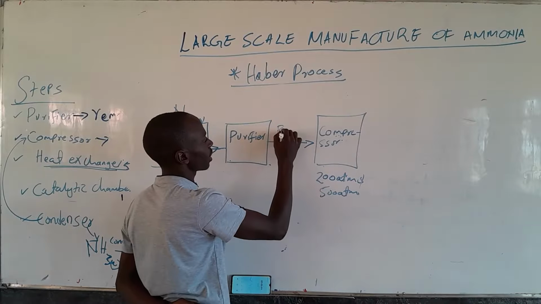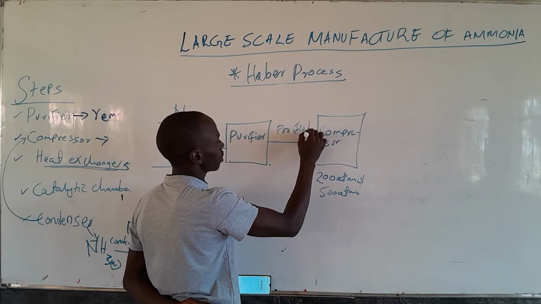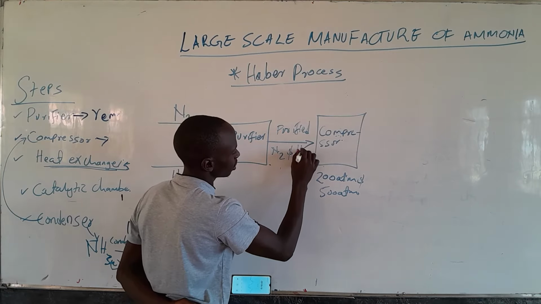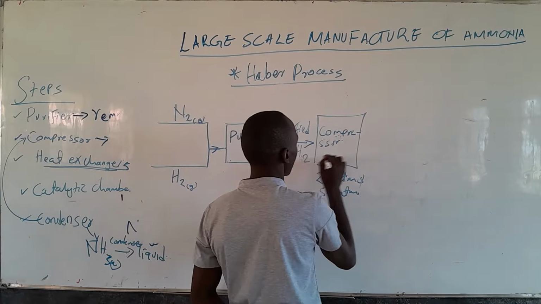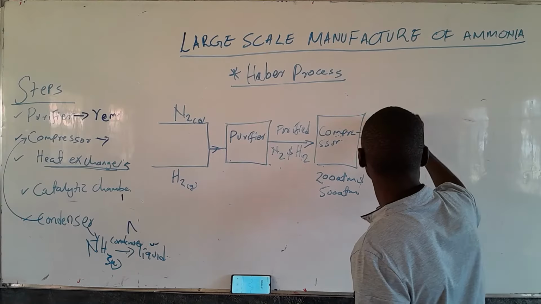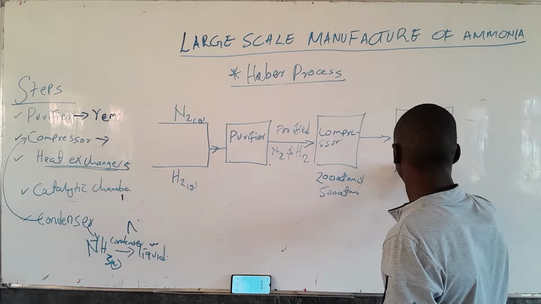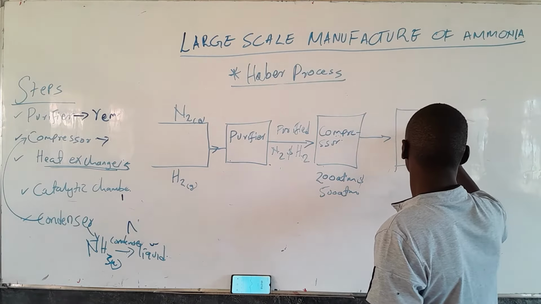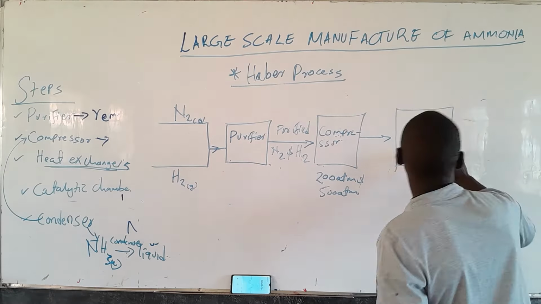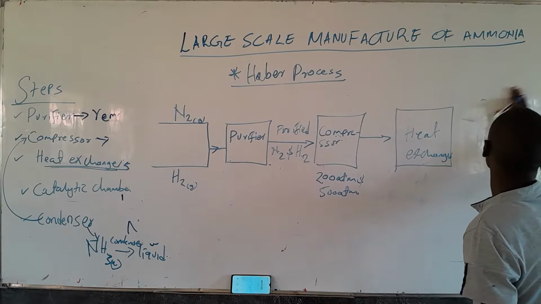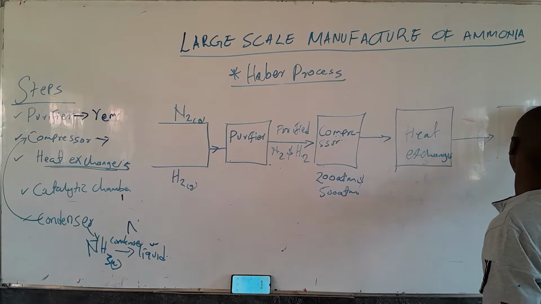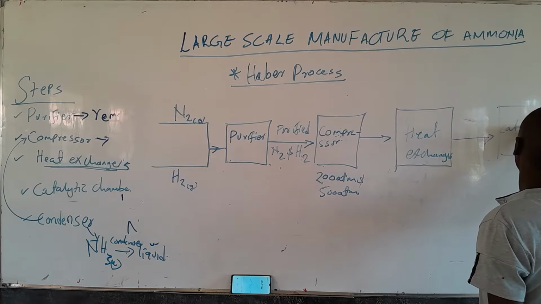This is purified nitrogen and hydrogen. Then after compressing, the two gases are pumped to the heat exchanger. In the heat exchanger, they are preheated to a suitable temperature and then pumped to the catalytic chamber.